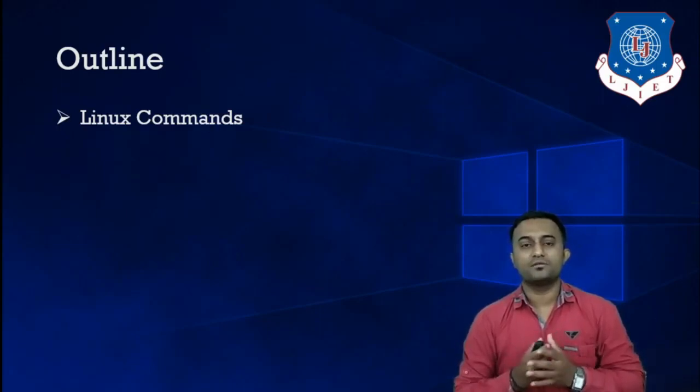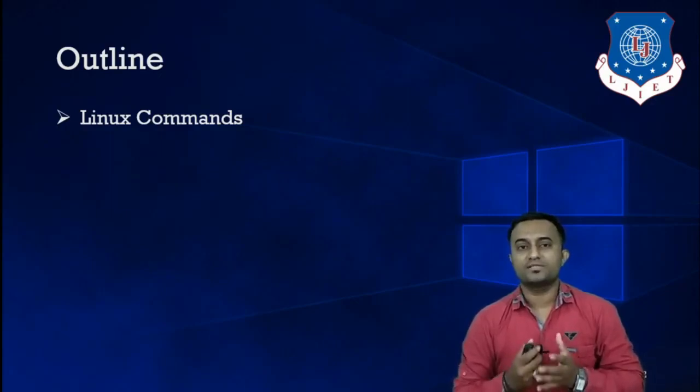What is the second option? Once you are already running Windows, there is one software that you have to download from the internet. It is freely available, called VirtualBox, and you have to install VirtualBox first on your machine, and once you install it, on the VirtualBox you have to install the Linux operating system.